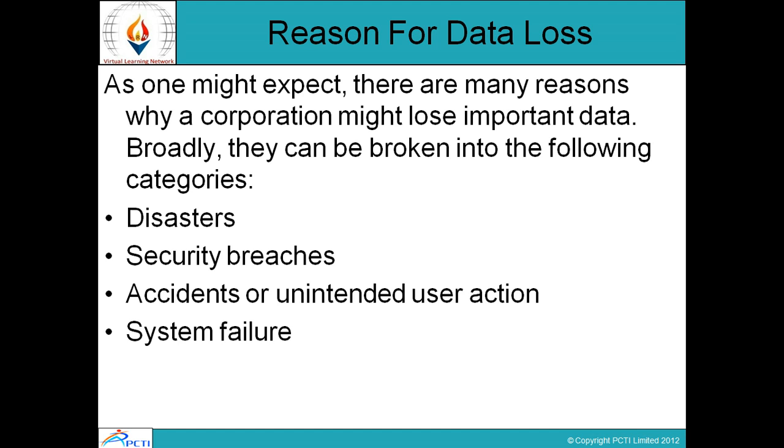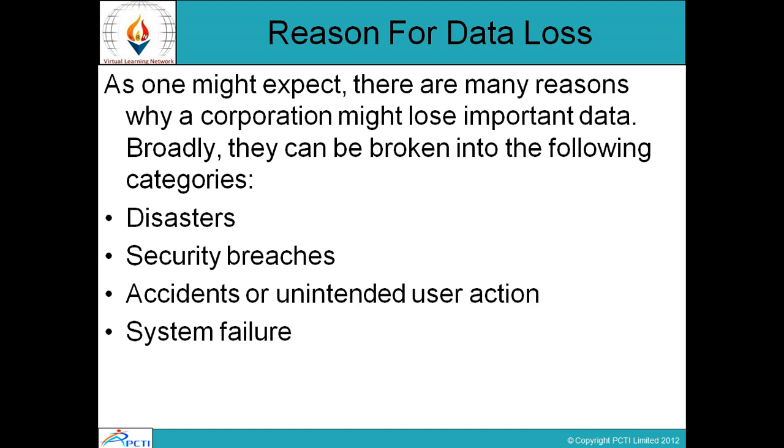The goal of data protection is to create an environment that shields against all types of disaster. What makes this difficult is that it is hard to predict what type of disaster to guard against, and it's too costly to guard against all of them. So many companies guard against the disasters most likely to occur.